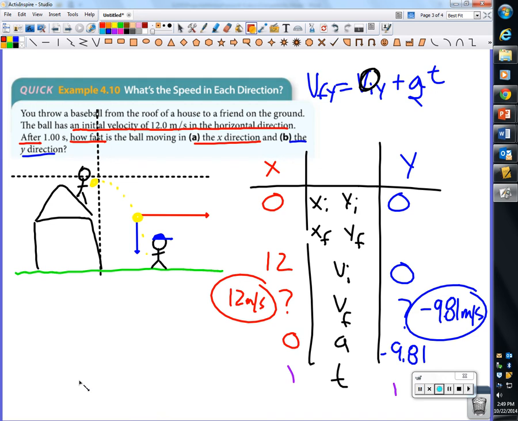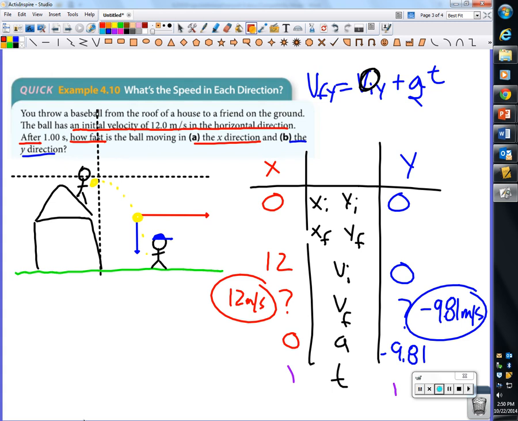Remember, while these two dimensions are happening simultaneously, they do not affect each other, they are independent of each other, but they are acting simultaneously. Meaning, there's a horizontal motion and there's a vertical motion, and if we want to know how fast this object is going, we have to take into account both of them.